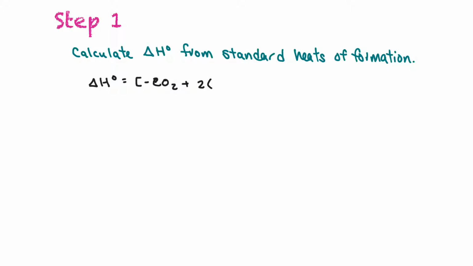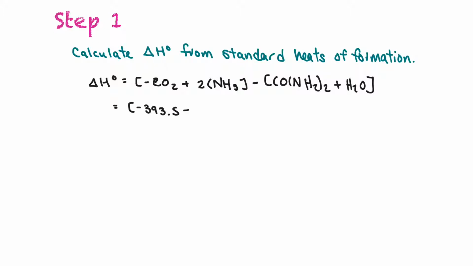Remember, we also need to use the coefficients in these. So it's going to be equal to this. So we have negative 393.5 plus 2 times negative 46.19.